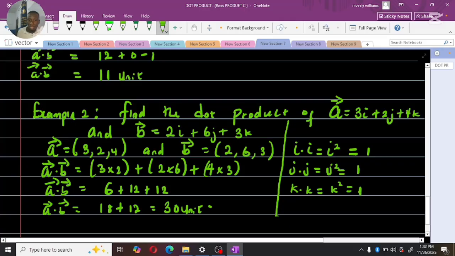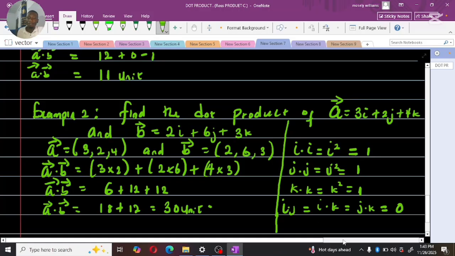But whenever you multiply them with different components, the answer will always be 0, which means that i dot j is equal to i dot k is equal to j dot k is equal to 0.